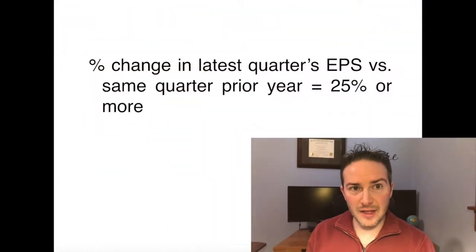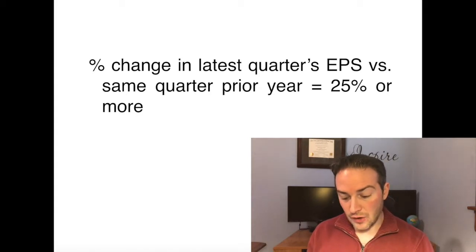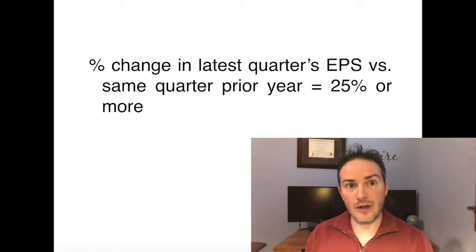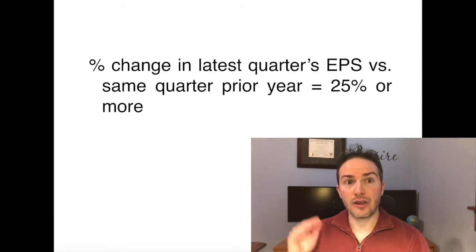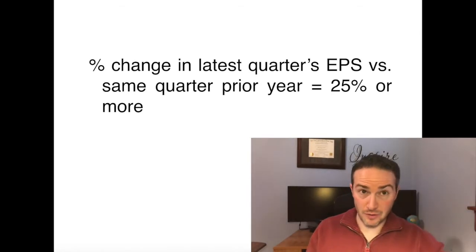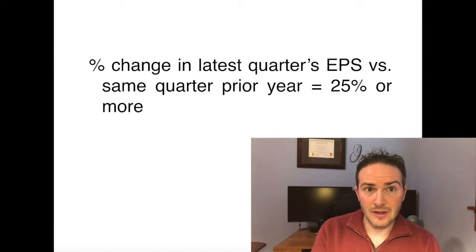The first thing that we're looking at within this ideal growth stock screen is percentage change in latest quarter's earnings per share versus the same quarter the prior year, and we want it to be at least 25% greater. The reason we are not just comparing quarter one versus quarter two versus quarter three is that we want to compare Q1 of this year versus Q1 of last year, because it's going to eliminate seasonality.